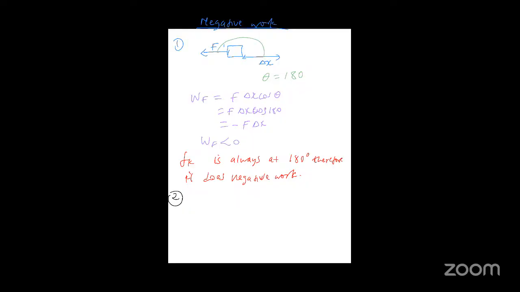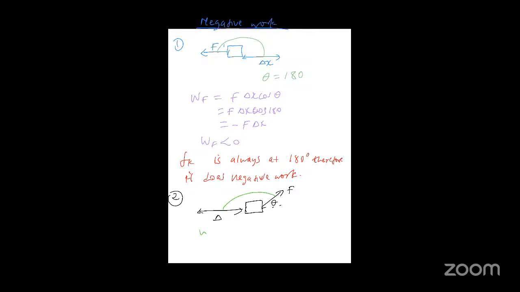Number 2. This object is displacing to the left, but a force is applied to the right. The two are in opposite directions. Therefore, here the angle between them is this one here, which is 180 minus theta.